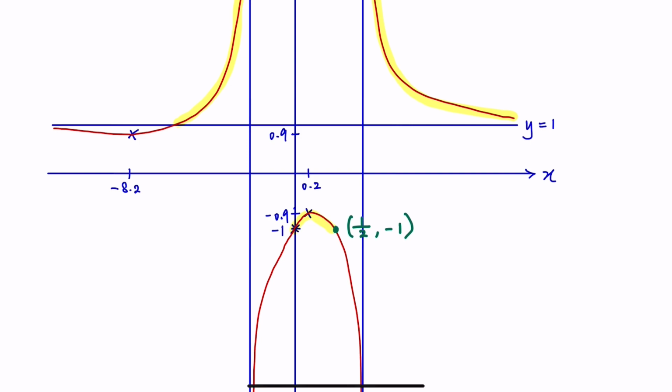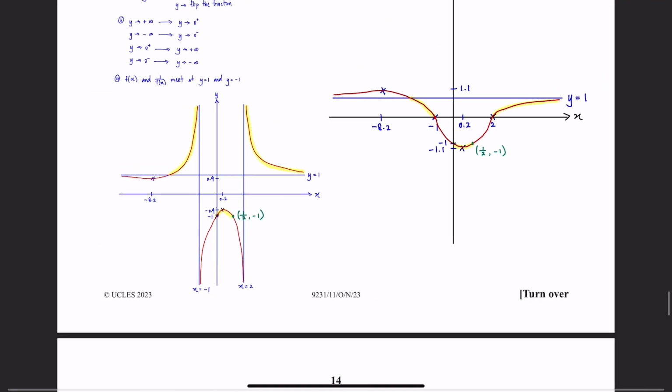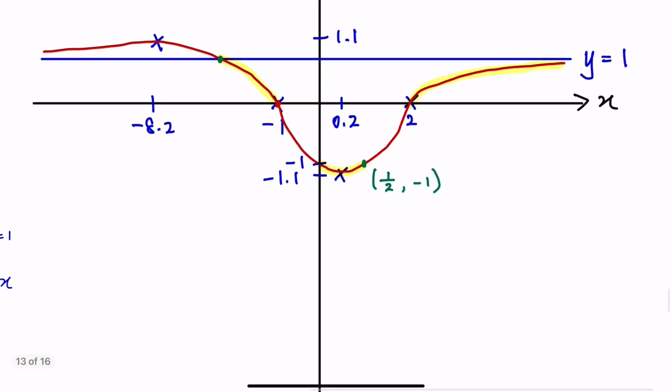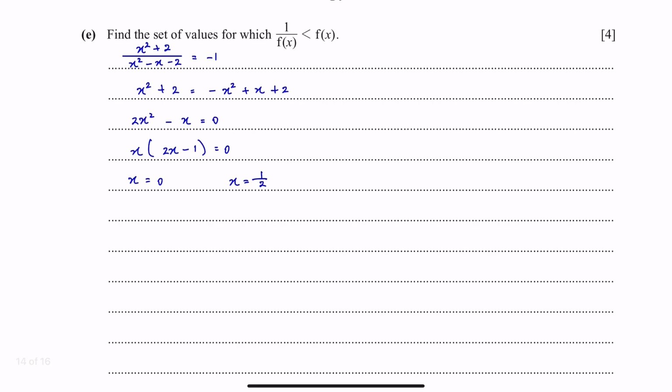So we also need to find the x coordinate of this. So we equate the equation to 1, and we get x squared plus 2 equals x squared minus x minus 2, and x is equal to minus 4.